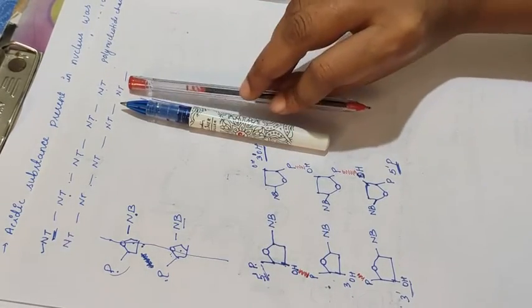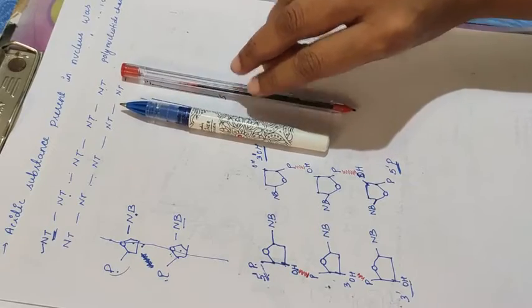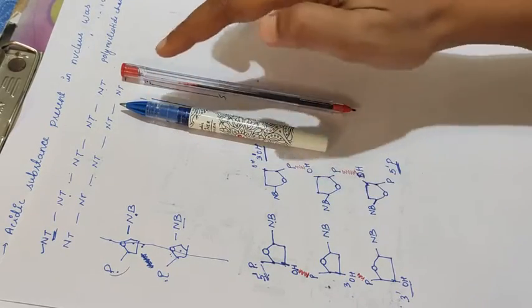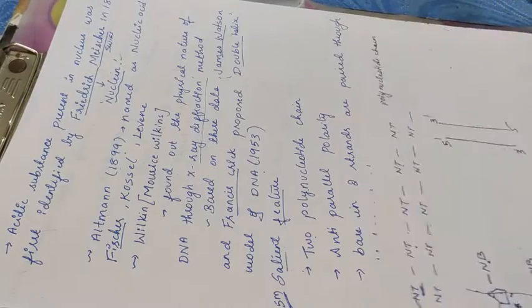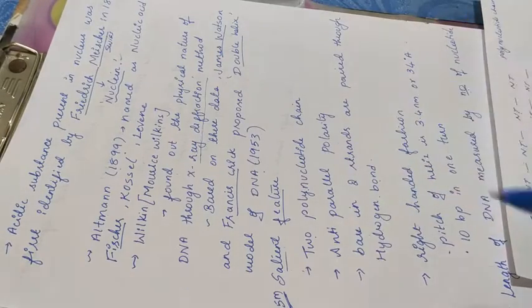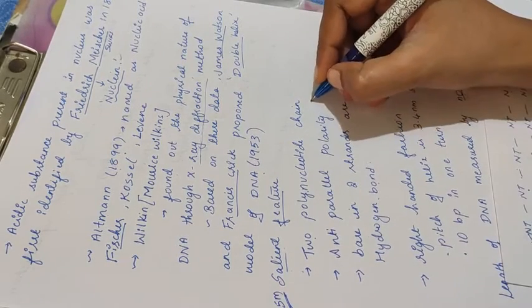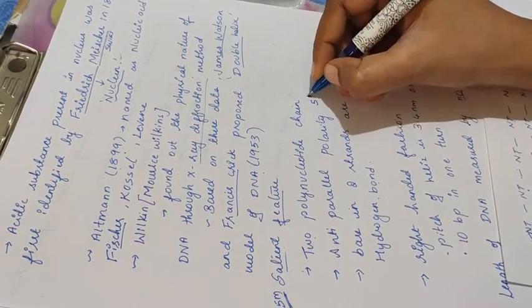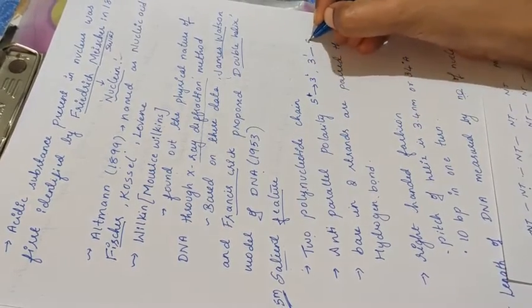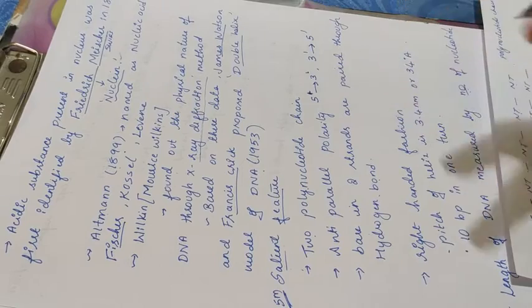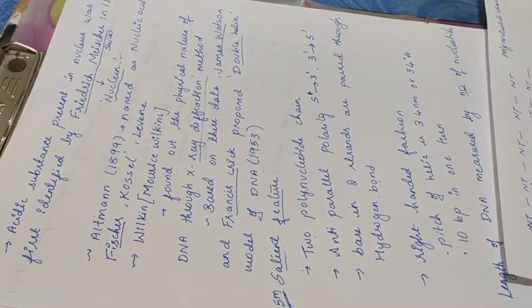It is anti-parallel. 5' to 3', here it will be 3' to 5'. Like this, they show the anti-parallel polarity. If one chain has polarity 5' to 3', another one will be from 3' to 5'. It will run in the anti-parallel way.